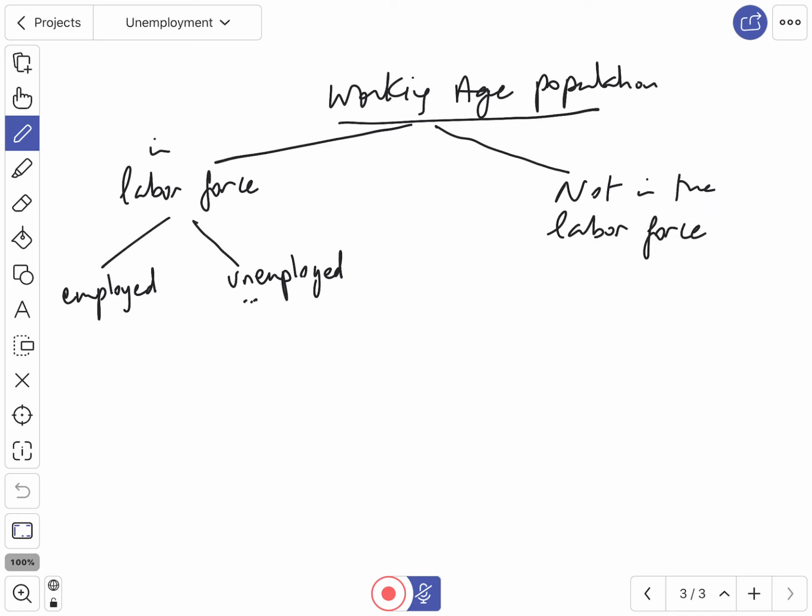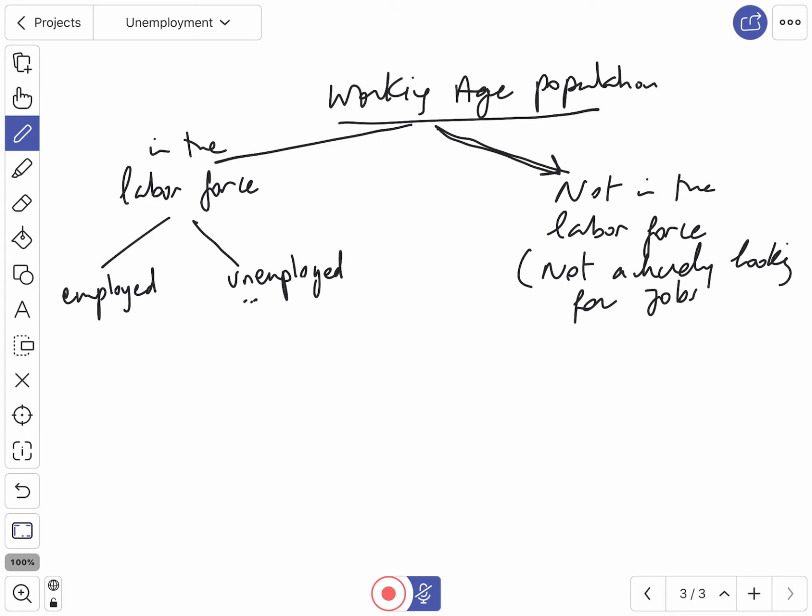Okay, so this is the not in the labor force category. To be in this category, you have to not be actively looking for jobs.